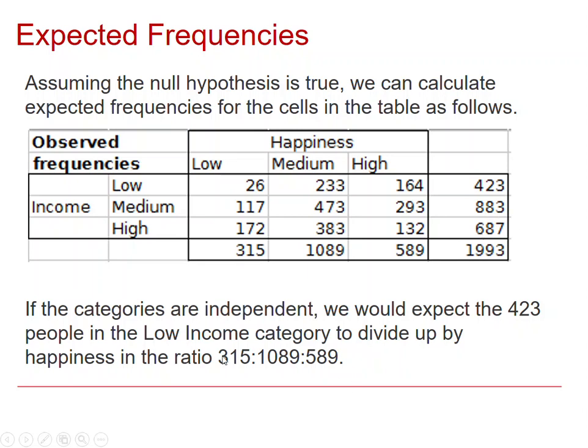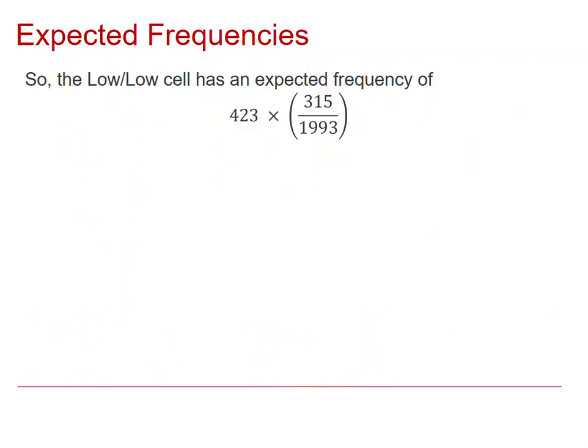So, one way to calculate the expected frequency could be to consider the 423 people in the low income category and multiply that by the proportion of people that are in the low happiness category. This should give us the expected frequency for the low cell, and we could do this for each of the cells.